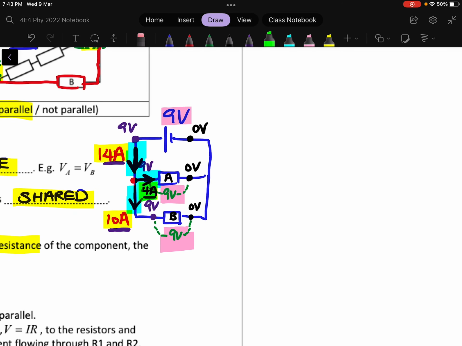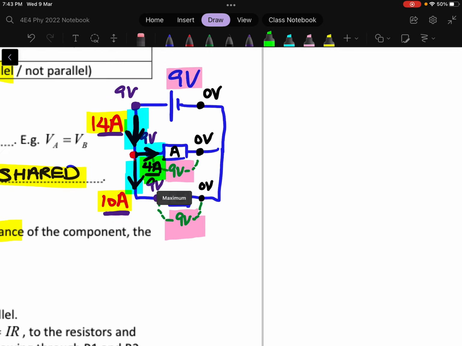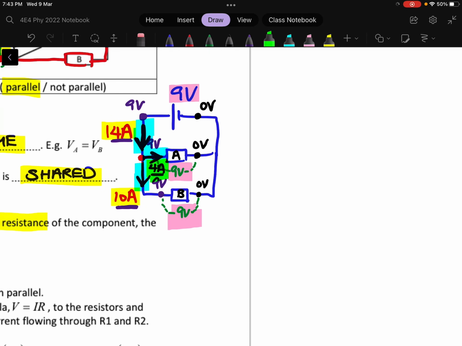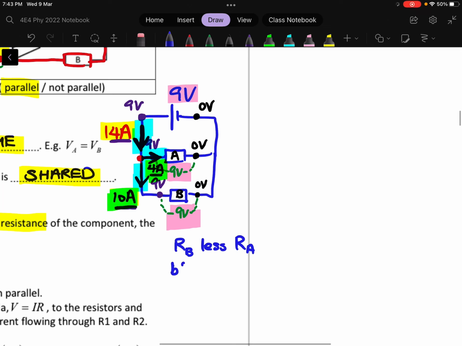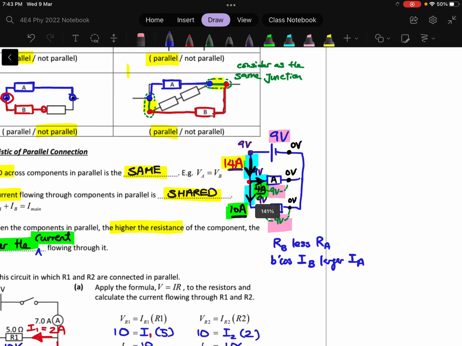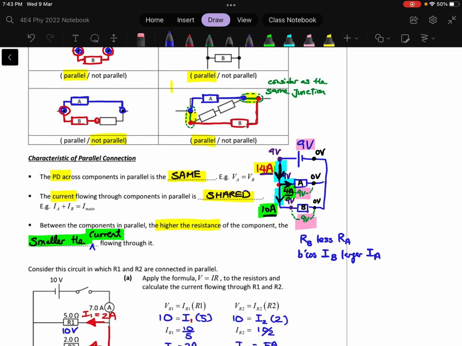So for example here you can see that resistor A has 4 ampere flowing through, whereas resistor B has 10 ampere flowing through. So you can actually conclude that your resistance B is less than your resistance A because your current flowing through B is larger than the current flowing through A. So that's what you can conclude looking at the parallel connection.